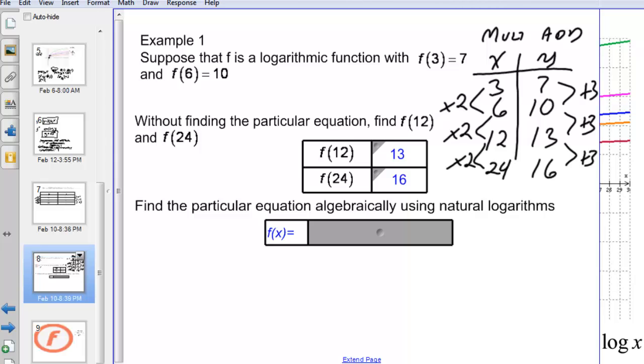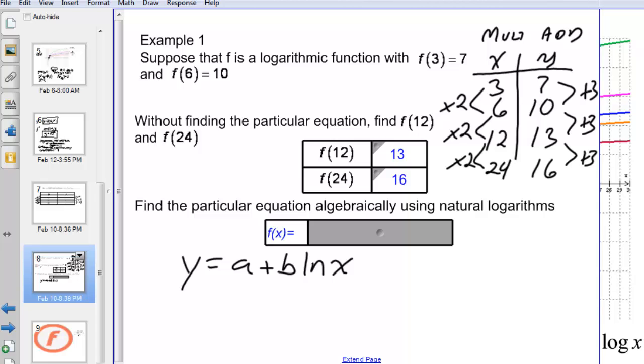Alright, so now we want to find the particular equation algebraically using natural logarithms. So again, we take the same approach we took with all our other types of functions. We start with the general form, which is y equals a plus b, and here they're telling us to use natural logs, so ln of x. And I plug in the two given values from the first part of the problem.